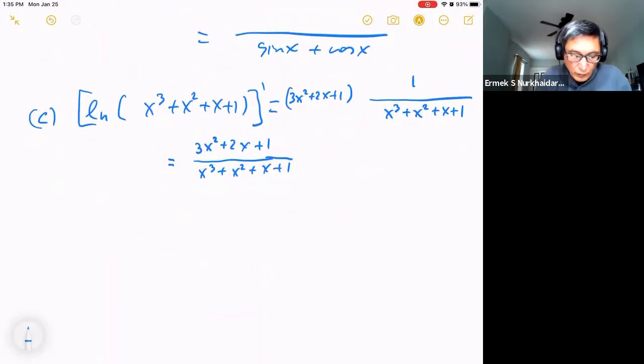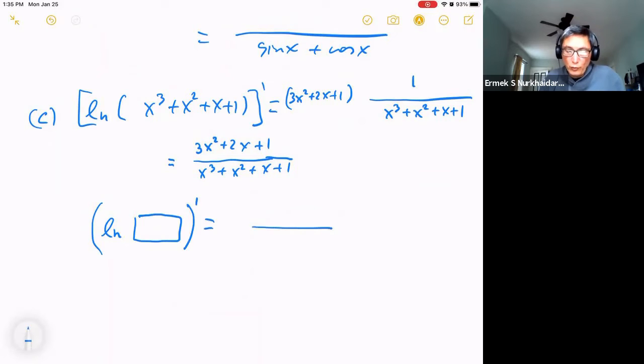Okay. And if you like, you probably already noticed the pattern. The pattern is the following. If you want to take the derivative of ln of any expression, then the derivative of ln is 1 over that expression, and the derivative of the inside goes on top.